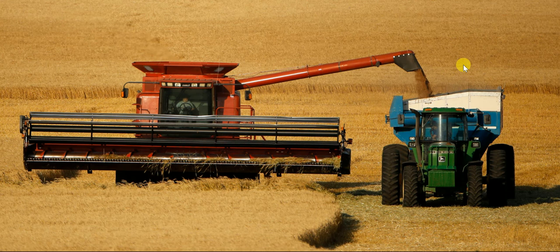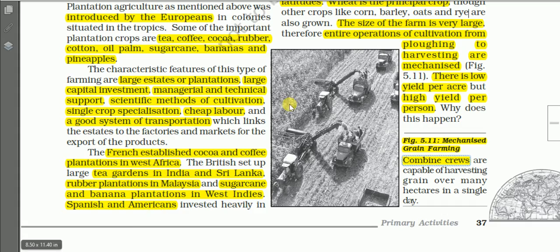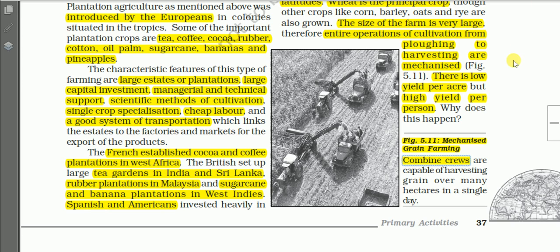This is the combine machine, and it is harvesting wheat in the middle latitudes, in the prairies of USA and Canada. And we have one more photograph here. This is a group of combines harvesting wheat. In this type of farming, it is heavily mechanized.